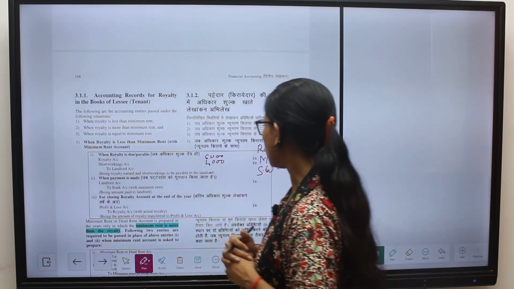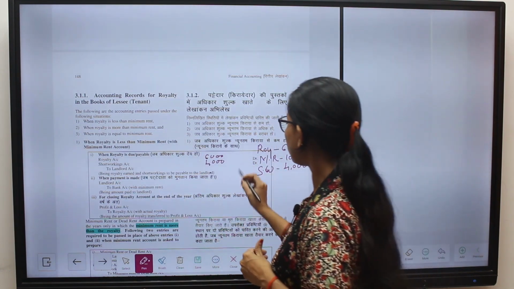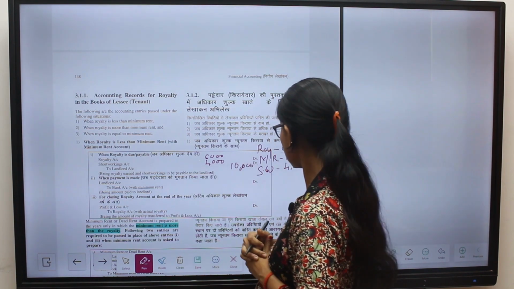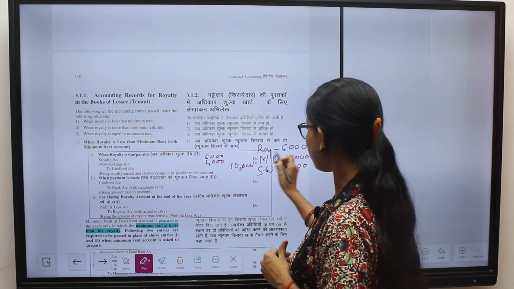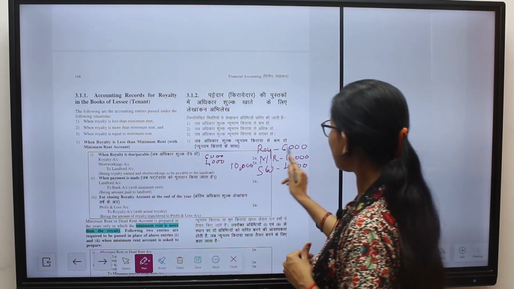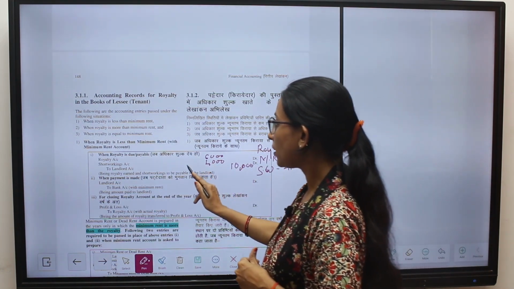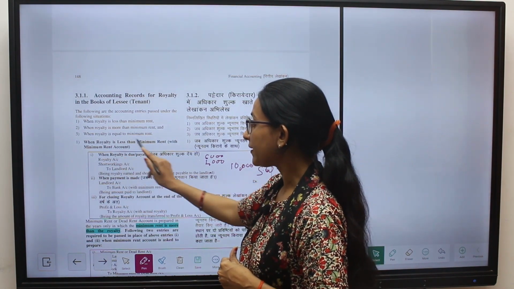To landlord account, the landlord account will be credited with rupees 10,000 because we have to pay the landlord minimum rent of rupees 10,000. So this will be the first entry in the case when the royalty is due.